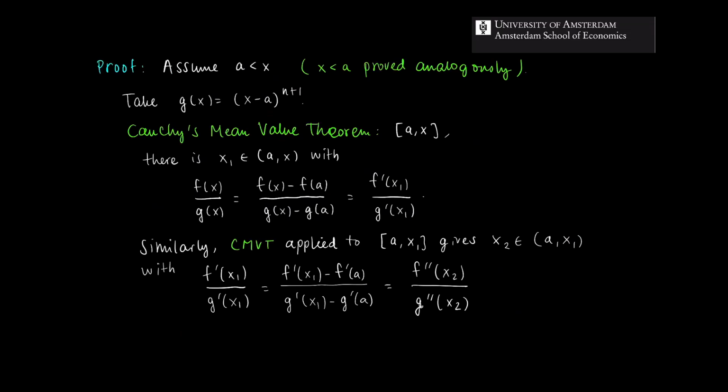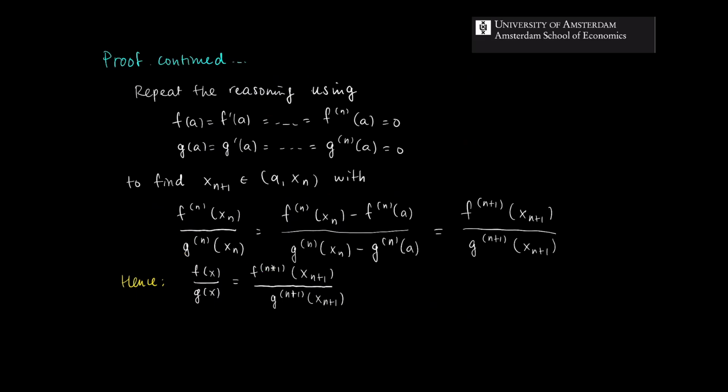So we started with f(x) divided by g(x) equal to f prime of x_1 divided by g prime of x_1, equal to f double prime of x_2 over g double prime of x_2, and so on, so that in the end we find f(x) divided by g(x) equal to these two (n+1)th derivatives.